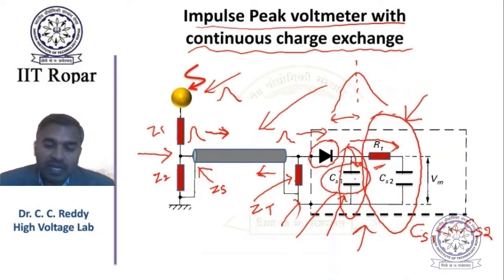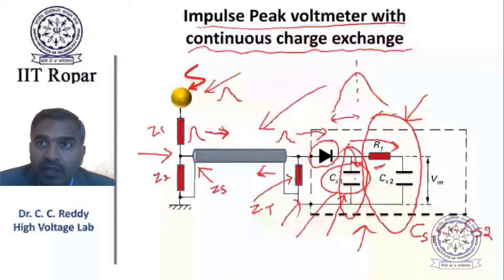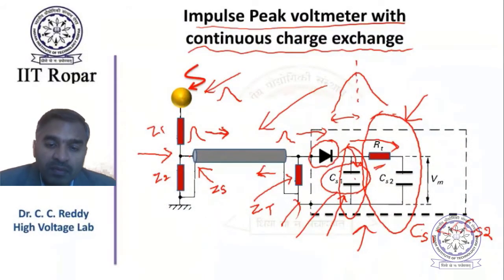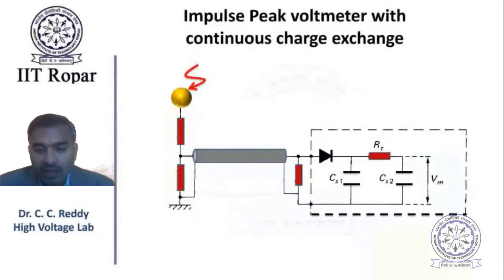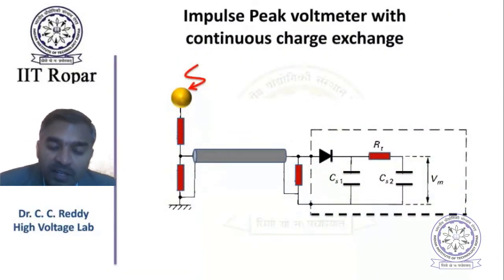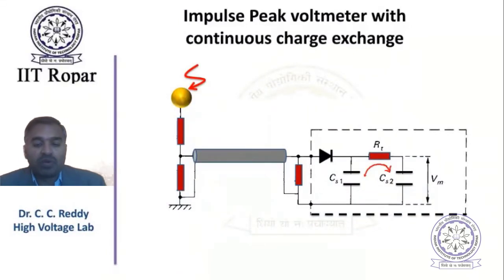So then what will happen? CS1 will start charging CS2. So to what extent will it go?